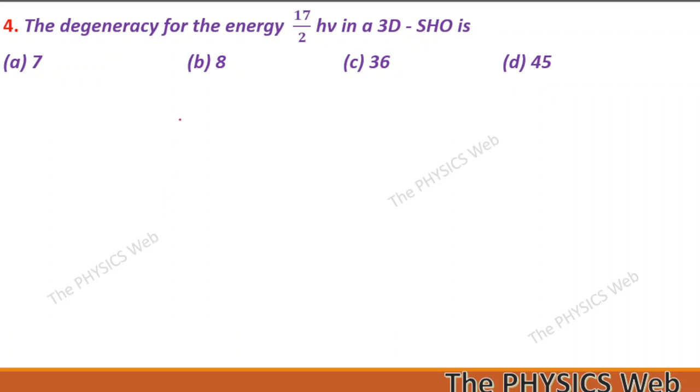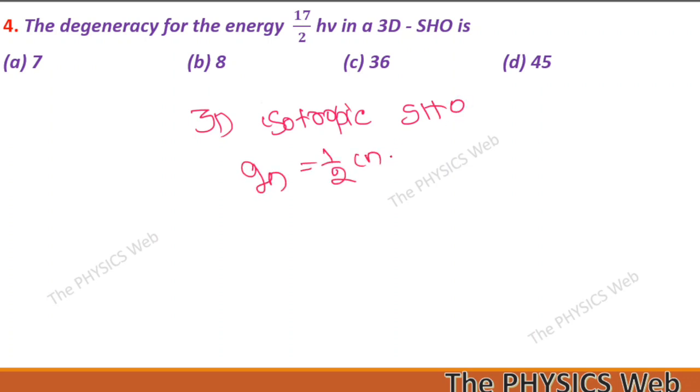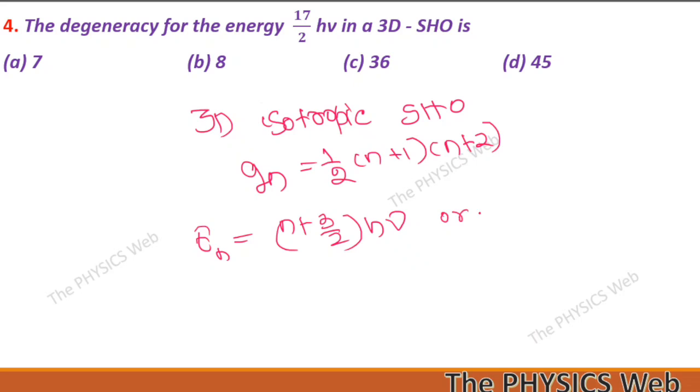Okay, so remember, for a 3D isotropic simple harmonic oscillator, the degeneracy is given by half n plus 1 into n plus 2, and the energy is given by n plus 3 by 2 h nu or n plus 3 by 2 h cut omega. So it is given that 17 by 2 h nu.